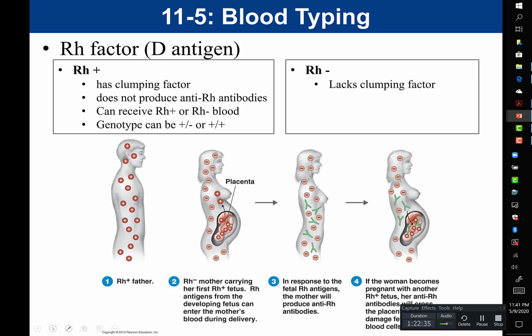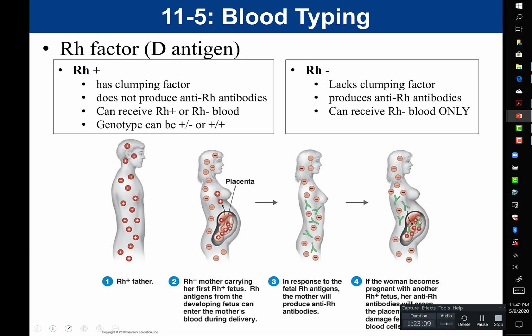Rh negative lacks the clumping factor. So it lacks that D antigen. If somebody is Rh negative, they will produce anti-Rh antibodies because, again, for them, the D antigen is seen as foreign. If you're Rh negative, you don't produce the D antigen and therefore could produce the anti-Rh antibodies. If somebody is Rh negative, they can receive Rh negative blood only.